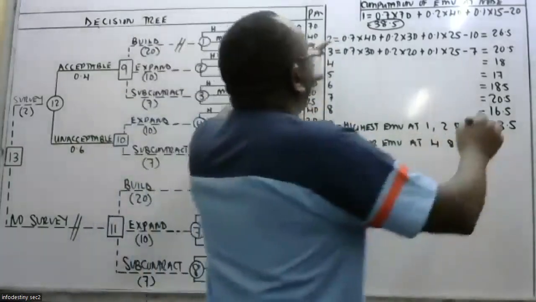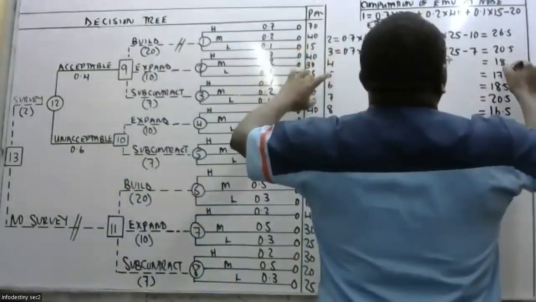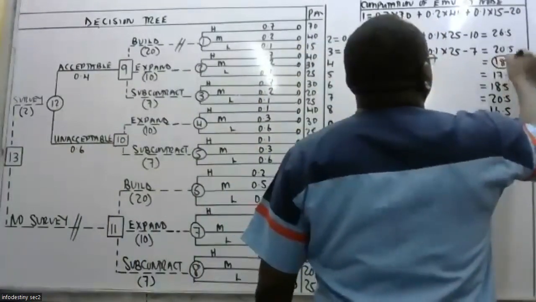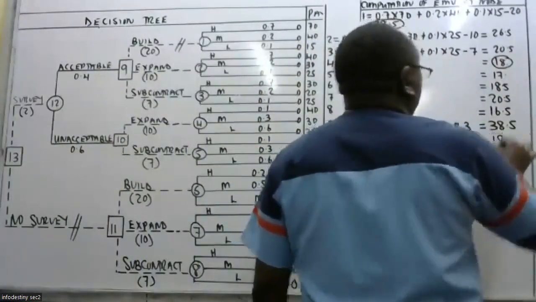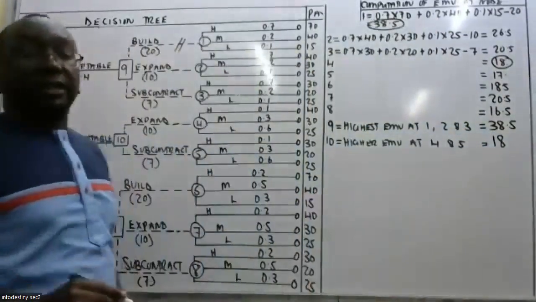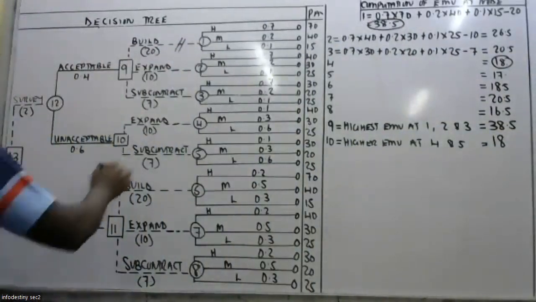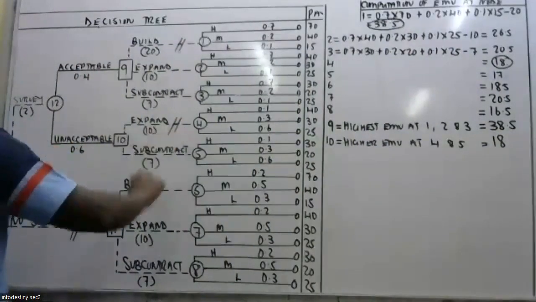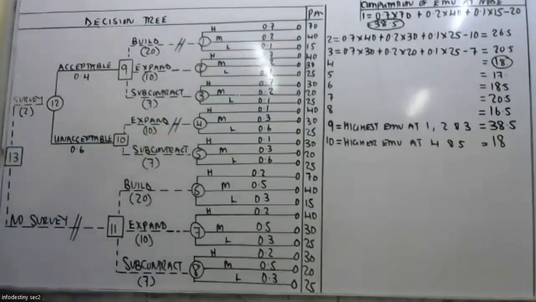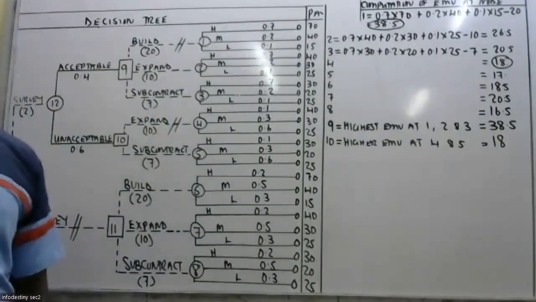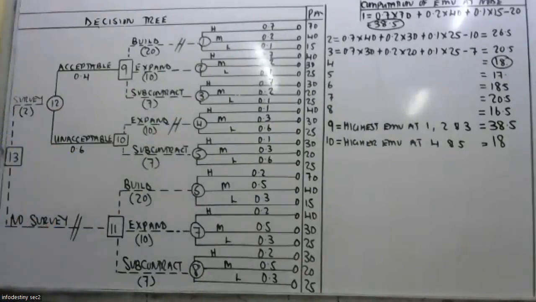So 4 and 5 is this one and this one. The higher of those 2 is 18. Now here 18 was taken from number 4. So you mark that. That 18 has been found at number 4.